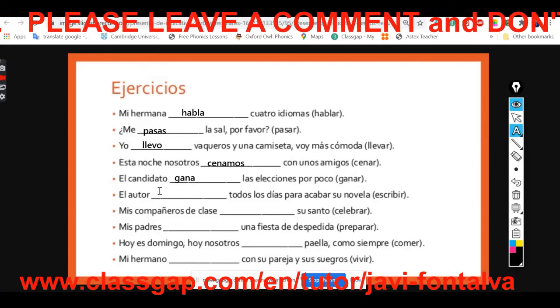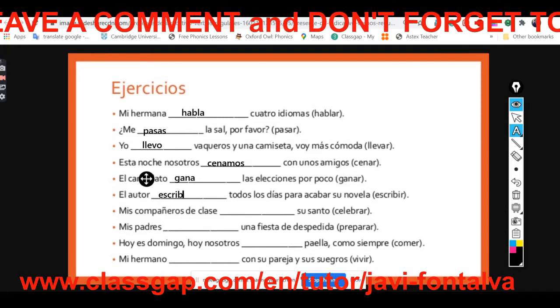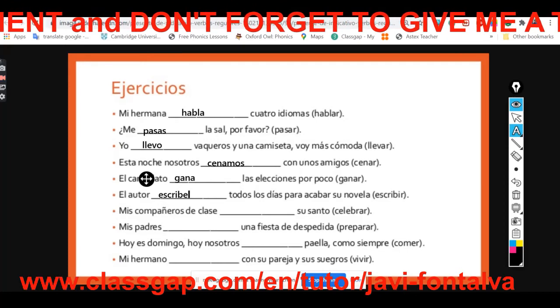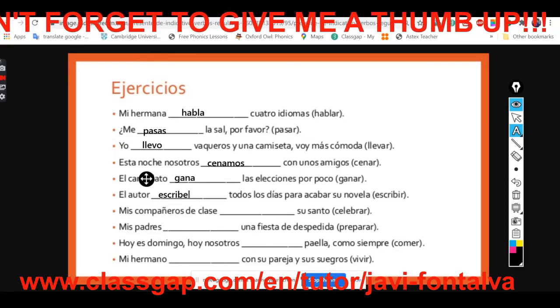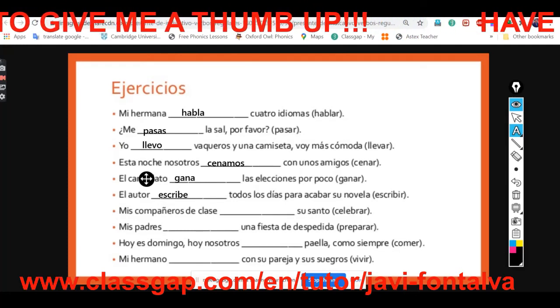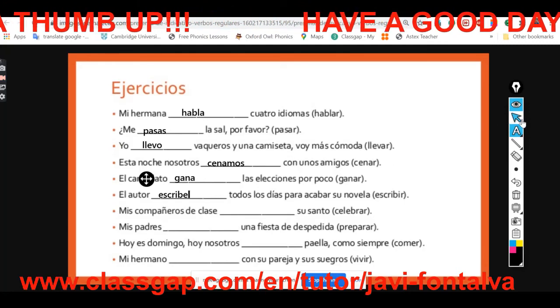El autor escribe todos los días para acabar su novela. What does this mean? The author writes every day for finishing his novel, I think.